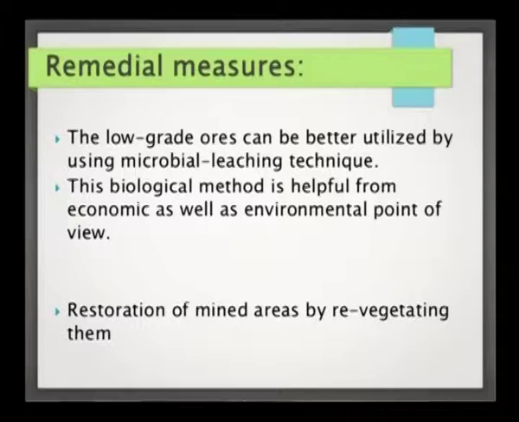The remedial measures that we have are low grade ores can be better utilized by using microbial leaching technique. This biological method is helpful from economic as well as environmental point of view. Restoration of mined areas by revegetating them, that is, making sure that the land is going to be utilized either maybe not for agriculture, but at least as a forest cover.